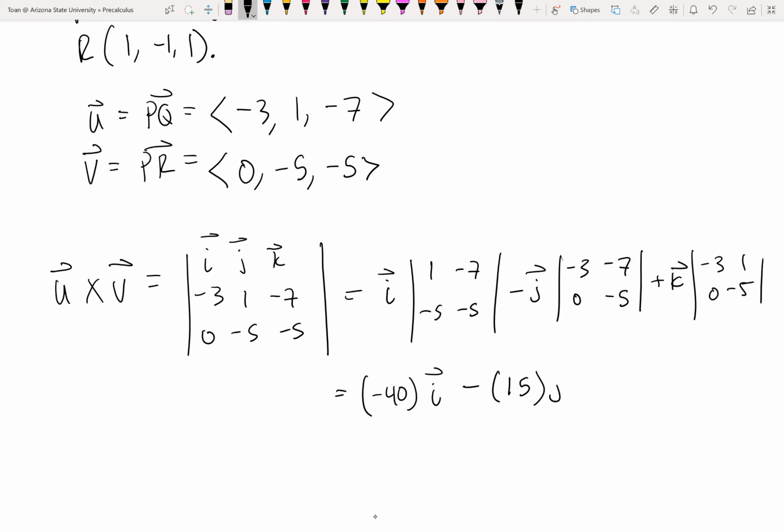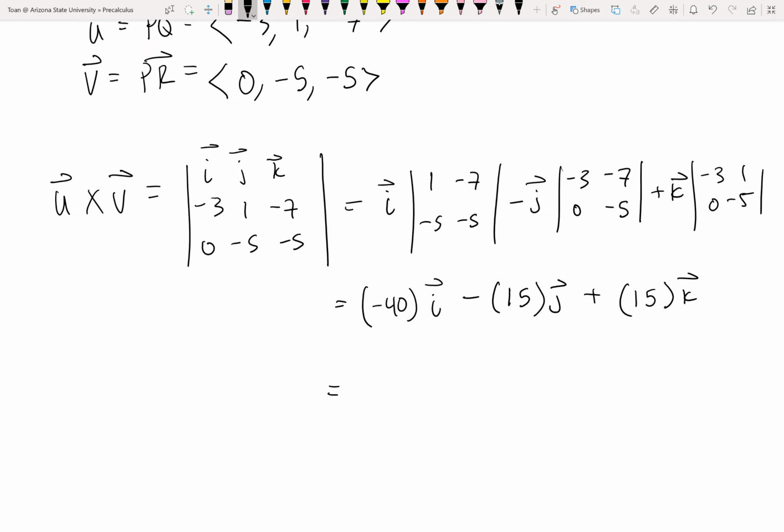That's my j. Plus, so that's a positive 15 minus 0, right? This is 0. So that's 15 again. I don't like i, j, k notation, so I'll convert it to the angle bracket notation. So what vector is perpendicular to this plane? The vector <-40, -15, 15>, right.